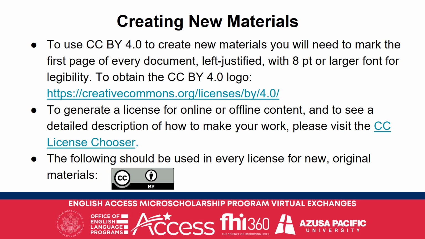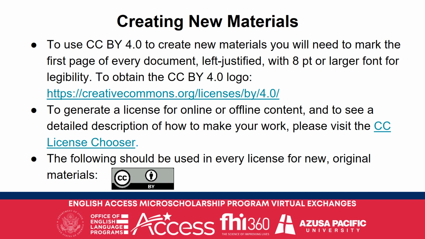To use CC BY 4.0 to create new materials, you will need to mark the first page of every document, left justified with 8-point or larger font for legibility. The CC BY 4.0 logo should accompany each mark and then be copied, pasted, and resized as necessary.